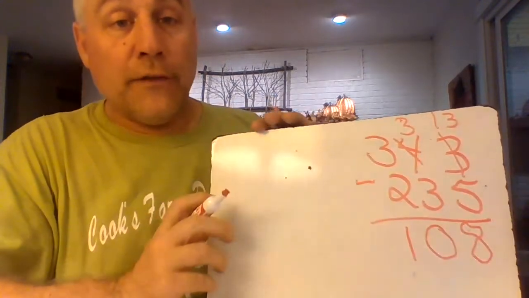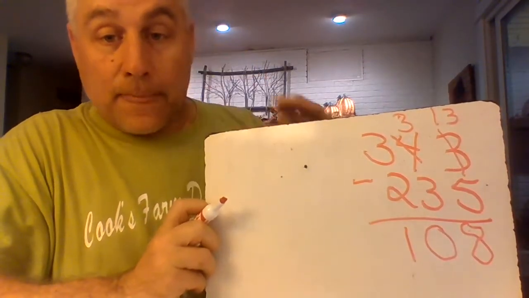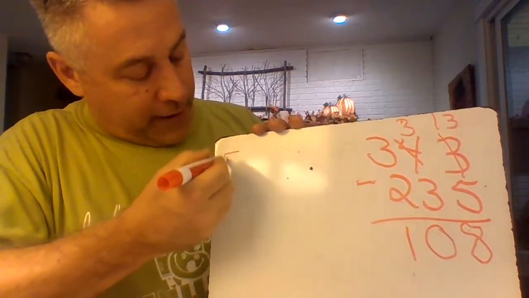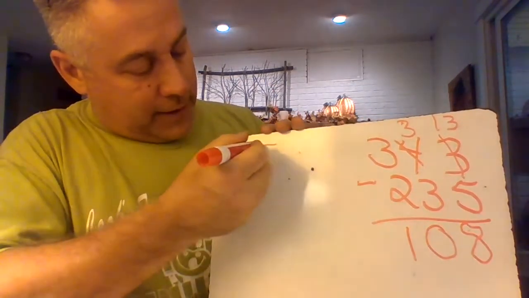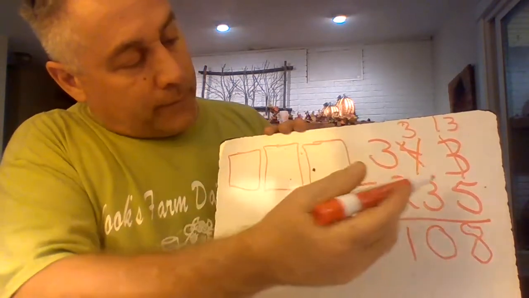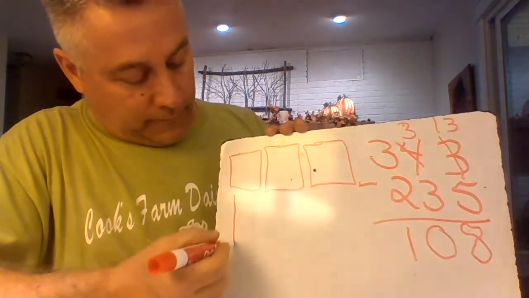Now, if we do this with base 10 blocks, it kind of does make some sense, because watch what's going to happen. Okay, I'm going to start with my 300s, 4 10s.